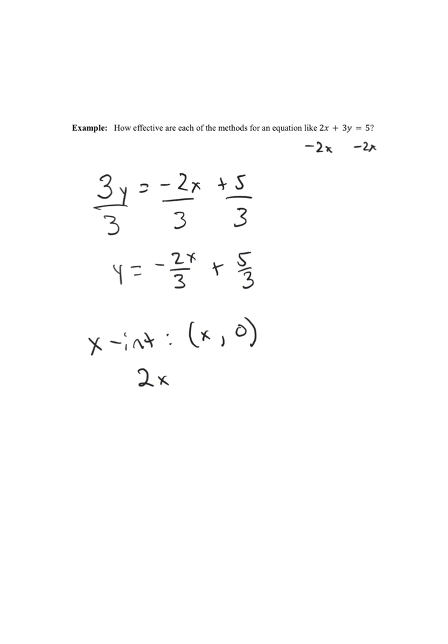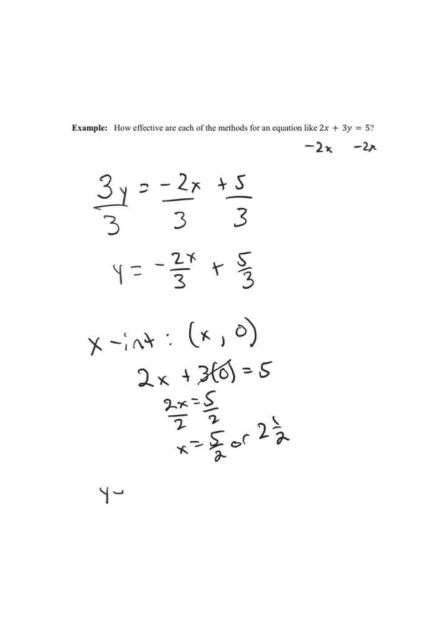That would be 2x plus 3 times 0 equals 5. So that's 0 there, and 2x equals 5. We get x equals 5/2, or 2.5.